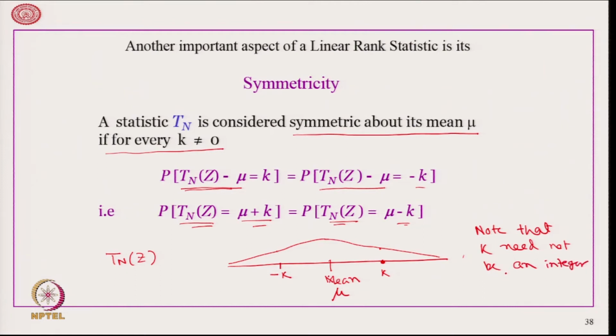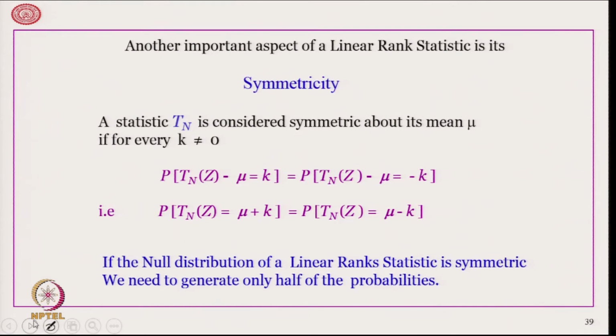any real value. If the null distribution of a linear rank statistic is symmetric, the advantage is that we need to generate only half of the probabilities. As you can easily understand, if we know the probability density for this part, we know the density for the other half. So, that is why a symmetric distribution is very useful many times.